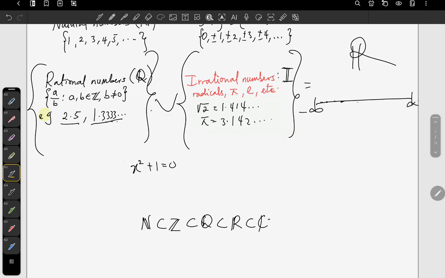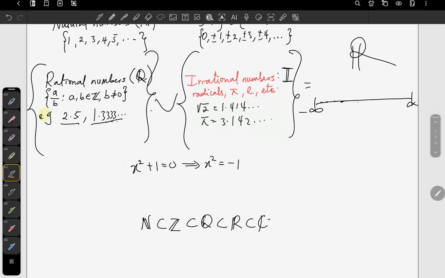To solve an equation like this, we know that the solution does not exist in the real number system, because there is no number that will square up to give -1. So if we have x squared equals -1, no real number has a square of -1, because the square function is a positive function.